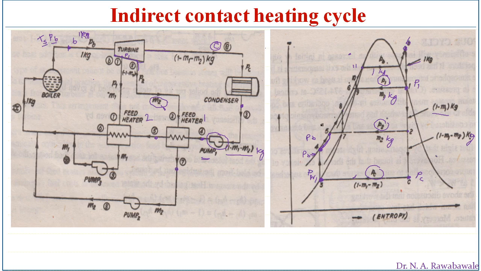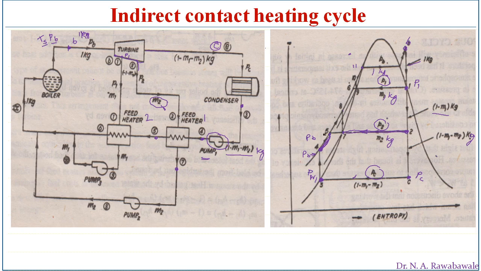So there is a decrease in the enthalpy of m2 kg of steam. So m2 kg of steam loses its enthalpy from H2 to HF7. So this decrease in the enthalpy of steam transfers heat to the condensate to increase its enthalpy from 4 to 5.